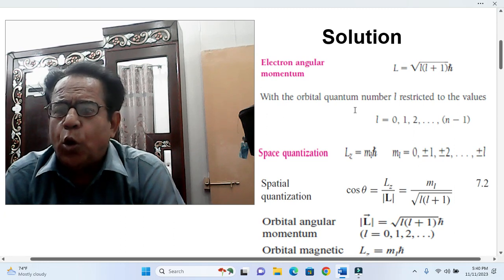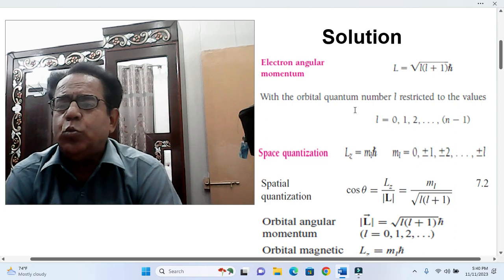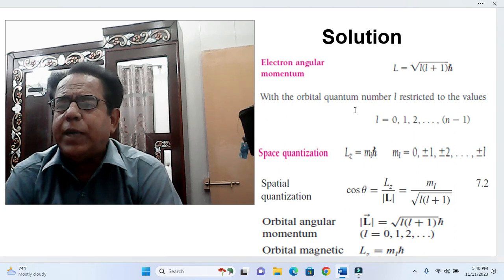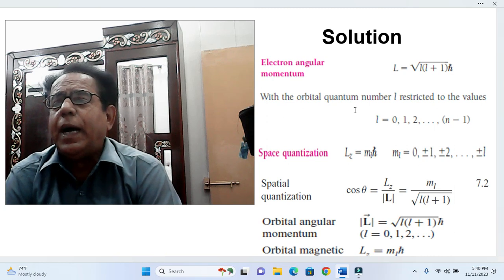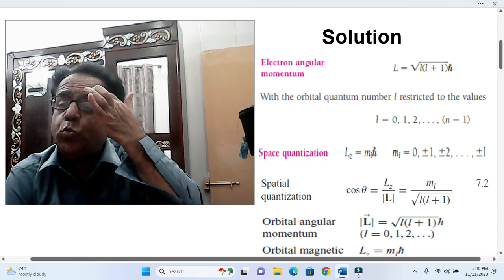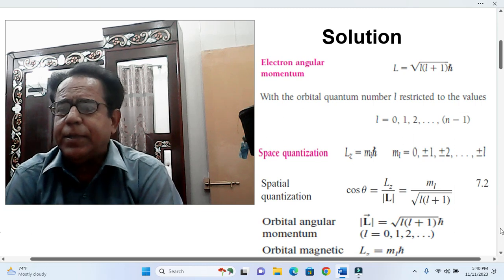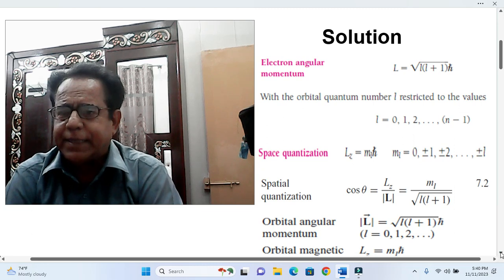The orbital quantum number small l is restricted to the values 0, 1, 2, 3, 4, 5, 6 and so on up to n minus 1. That is to say, small l can never be equal to n. It is at the most n minus 1, less than n.